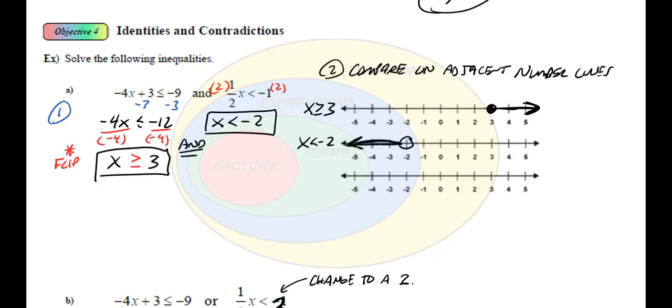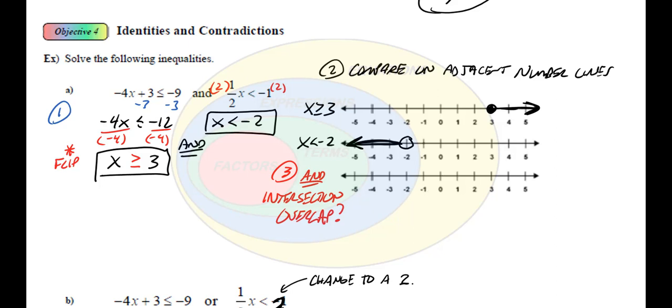Then your third step is to look for the and, which is an intersection, which is overlap. Here, there is no overlap, right?